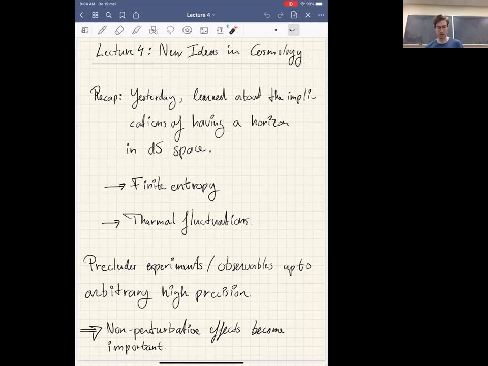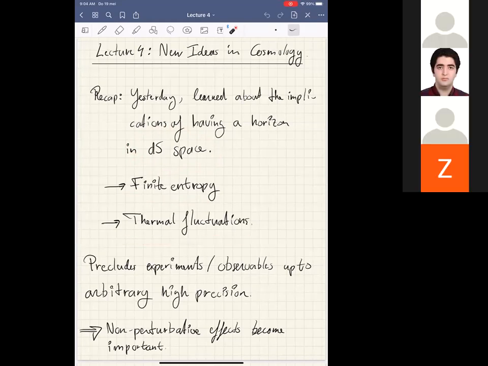So to recap what we saw yesterday, we focused on de Sitter space and were interested in understanding the implications of some of its properties. In particular, de Sitter space seems to have a finite entropy because it has a cosmological horizon. Related to that, there are also thermal fluctuations because this horizon has thermal properties.